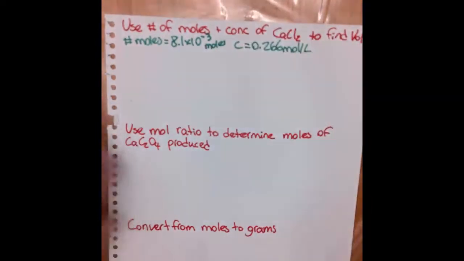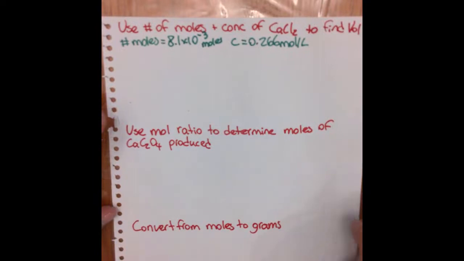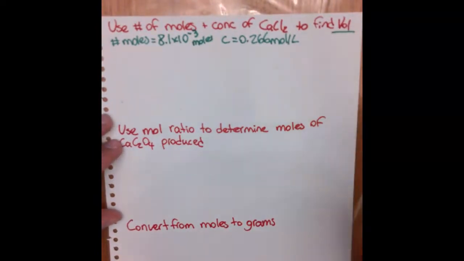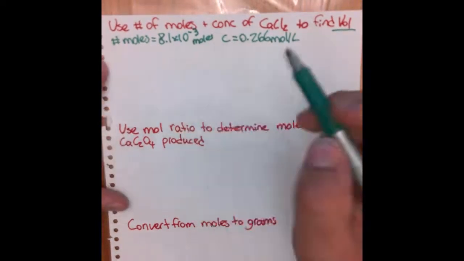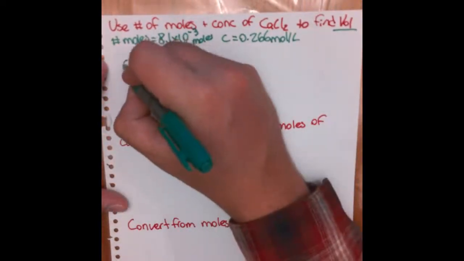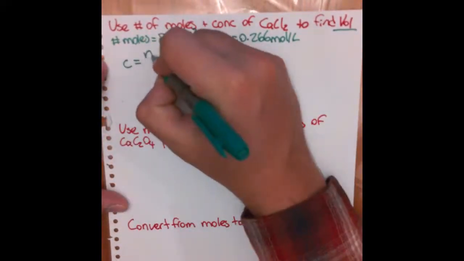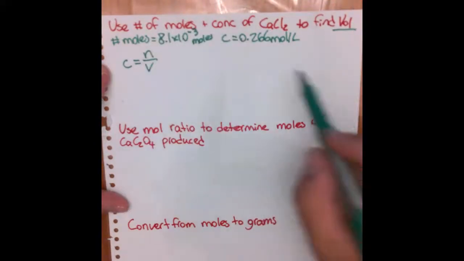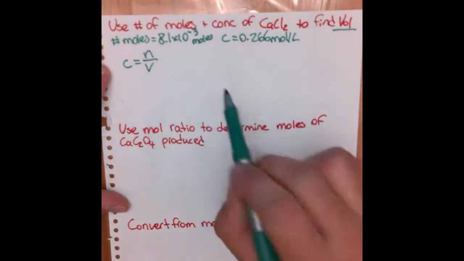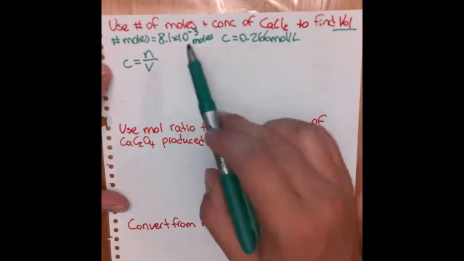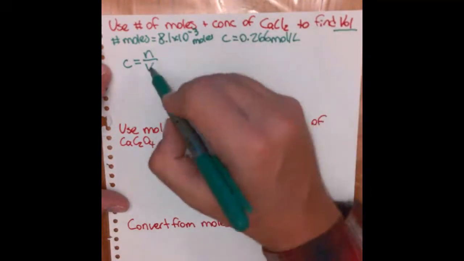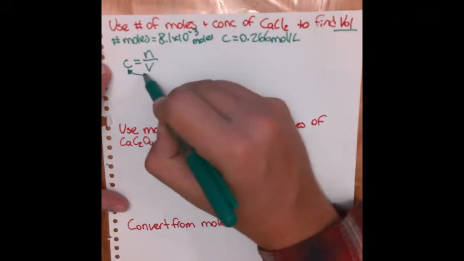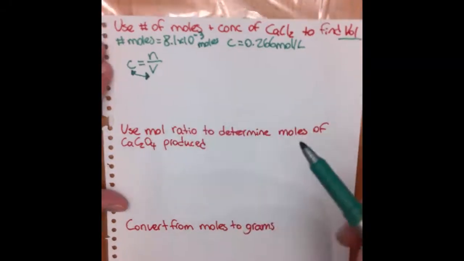And again, we are going to use our concentration equation, except this time we are finding volume. I'm going to write out my concentration equation: C equals our number of moles over our volume. We have concentration and moles, so we will have to swap our C and our V, which is actually a two-step process.